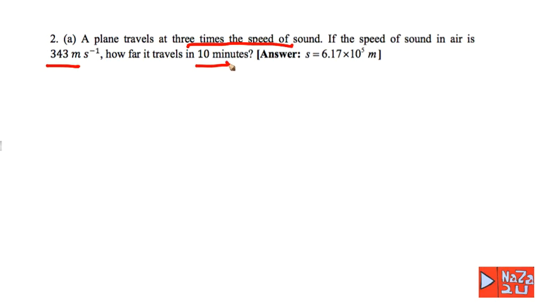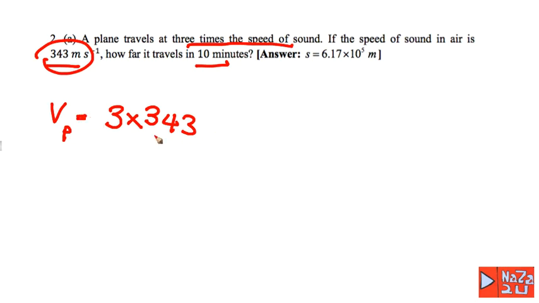So now the speed of the plane is 3 times the speed of sound, and the speed of sound here is 343, so we have 343. This is the speed of the plane, right? And the time taken here is 10 minutes, right?